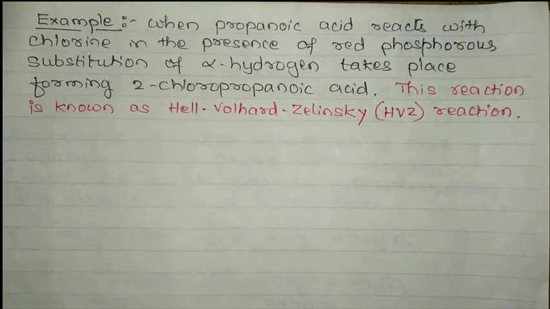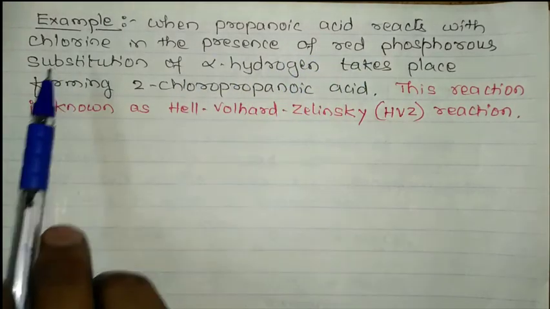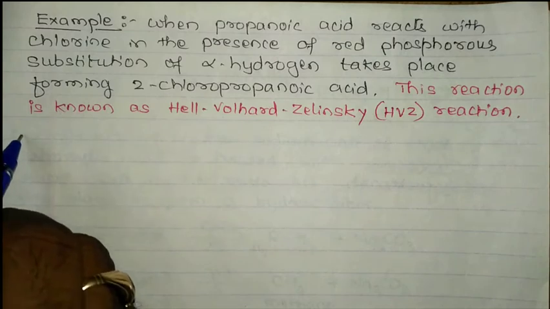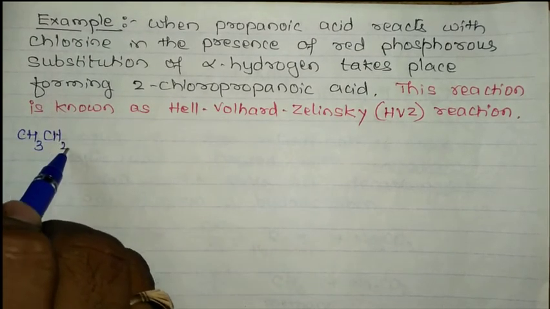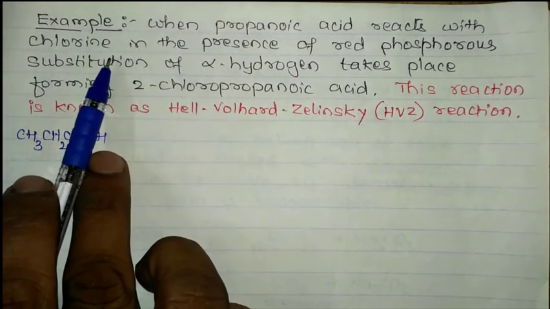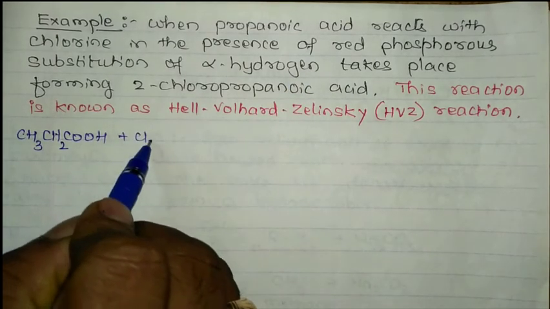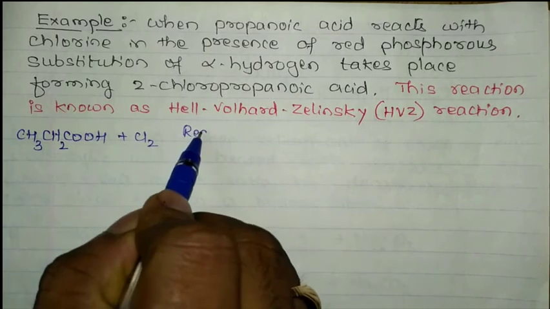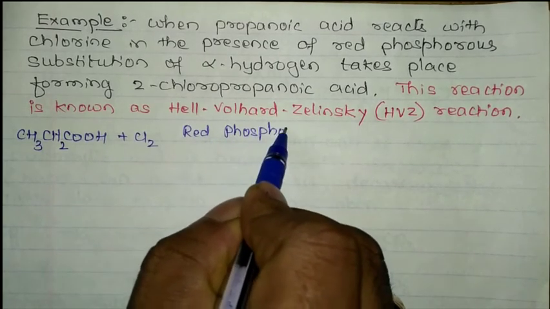Now let us discuss an example for the Hell-Volhard-Zelinsky reaction. Propanoic acid, CH3CH2COOH, reacts with chlorine in the presence of red phosphorus.